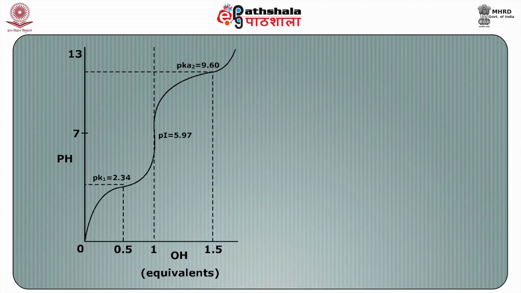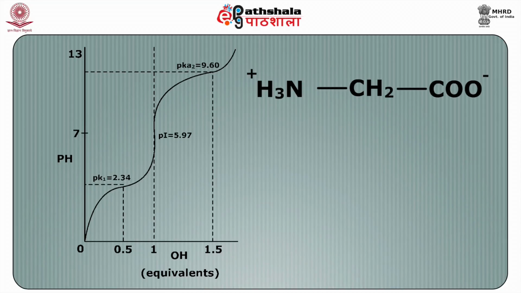As the titration curve proceeds, at pH 5.97 there is another point of inflection at which the removal of the first proton is essentially complete and removal of the second has just begun. At this pH, glycine is present as a dipolar ion, and the point is called pI.